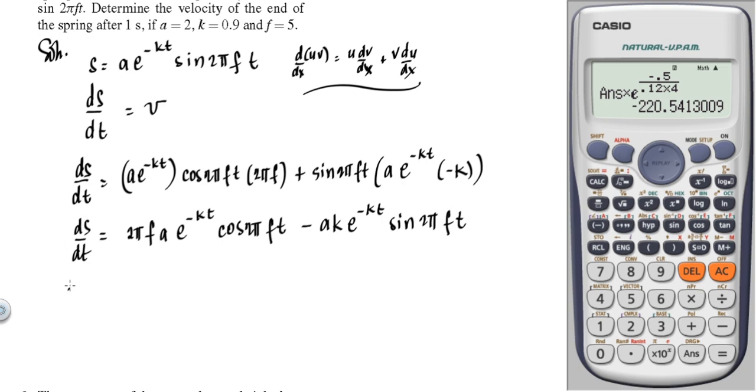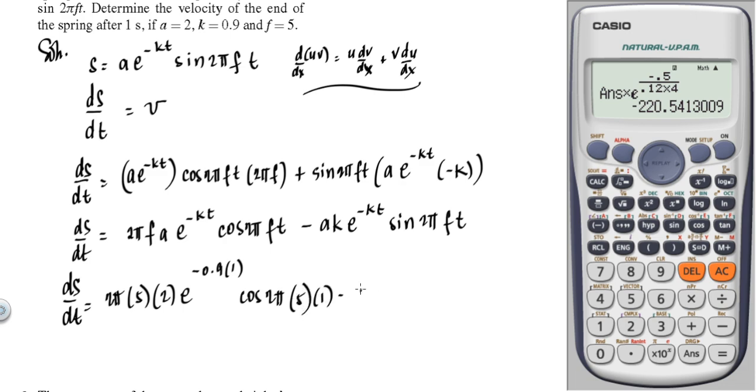So, ds over dt is equal to 2 pi, f is 5, a is 2, then e raised to minus kt or minus 0.9 times time is 1 second, then cosine of 2 pi times 5 times 1, then minus a is 2, k is 0.9, then e raised to minus 0.9 times 1, sine 2 pi times 5 times 1.